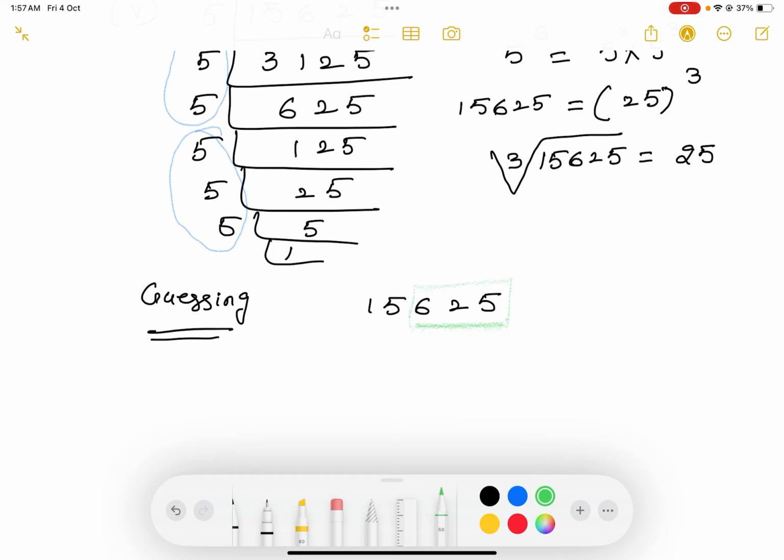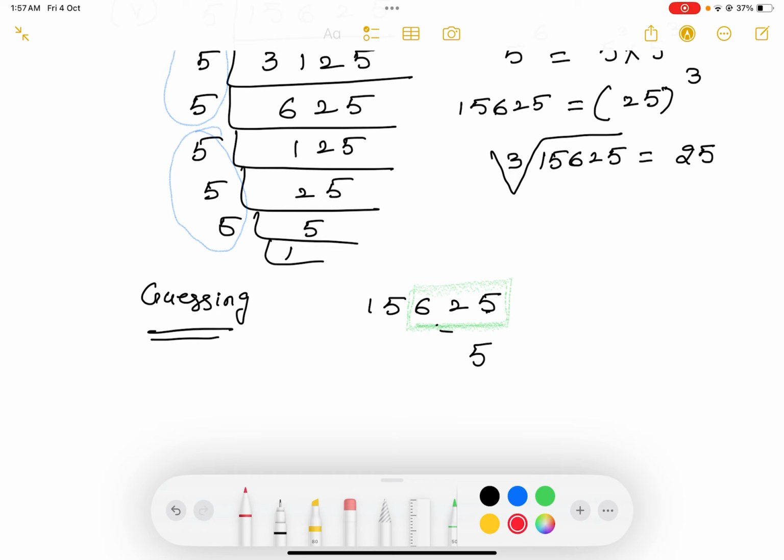The last 3 digits, whatever you have, you have to first consider. And then what is this 15625? You get 5 as the units place, in our first 10 numbers, it is 5, right? So the units place is 5.